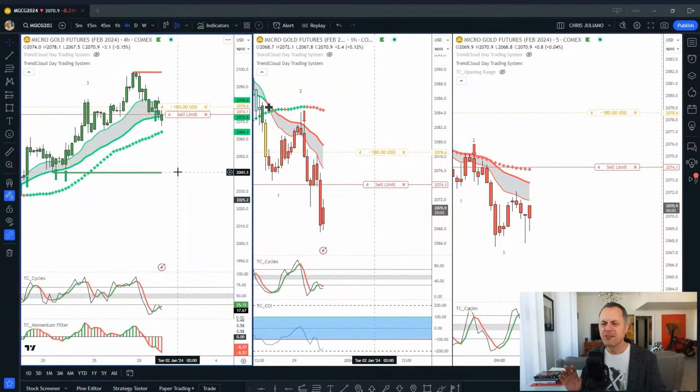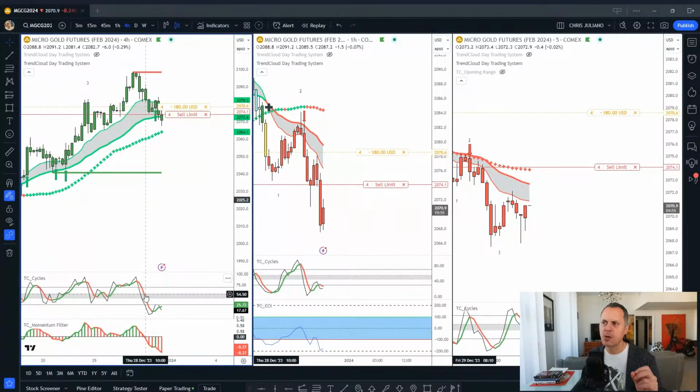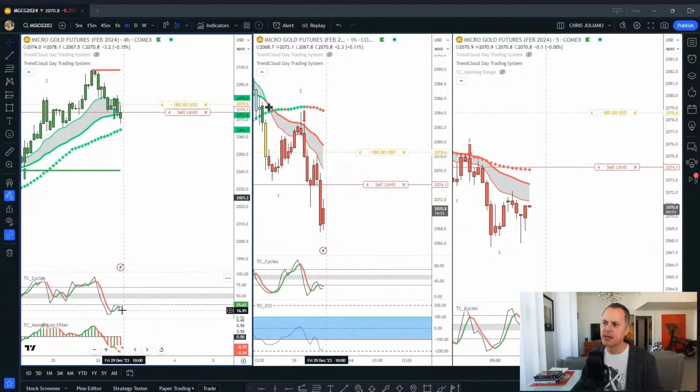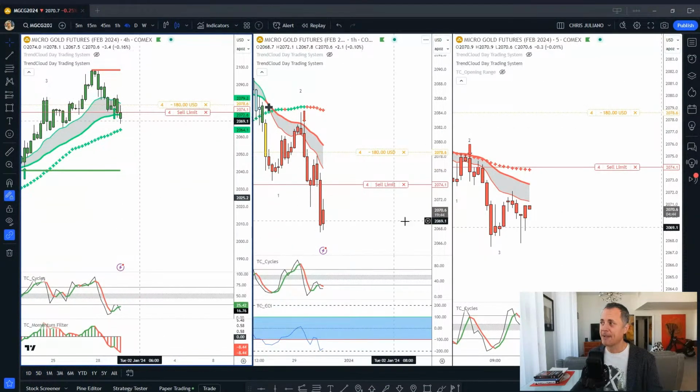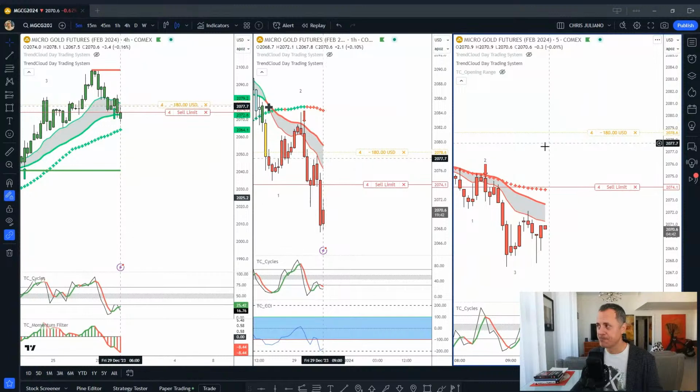Are we in a correction phase or are we in an impulse phase? Well, your cycle indicator is a very clear representation of that. And you can see here that we're at the bottom of the cycle and we're just starting to push back up, aren't we? Okay, so now that's concerning us going short on this low time frame.